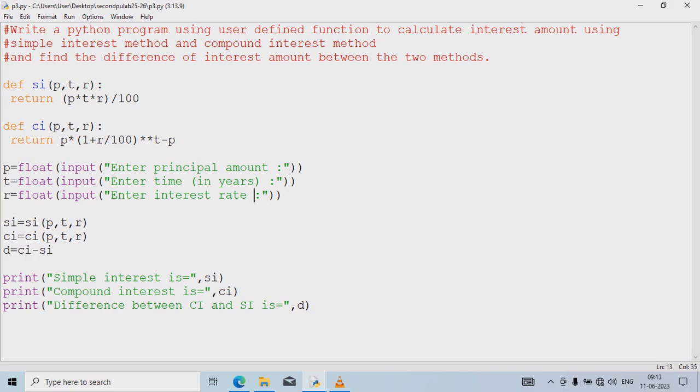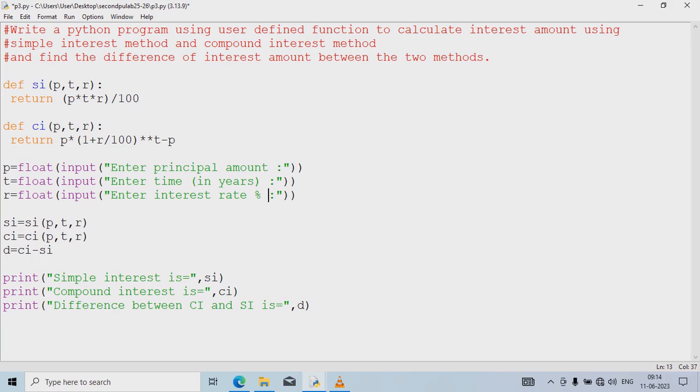For example, if you are going to deposit 10,000 in a bank, then the number of years you keep that deposit matters. If you keep it 1 year only and the banker charges 10%, then the calculation will be P, 10,000, into term 1 year, into rate of interest 10%, divided by 100. That will be the simple interest for 1 year.